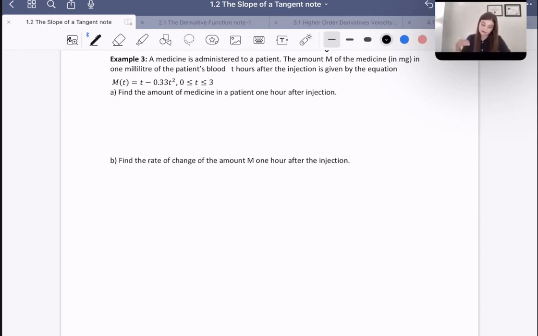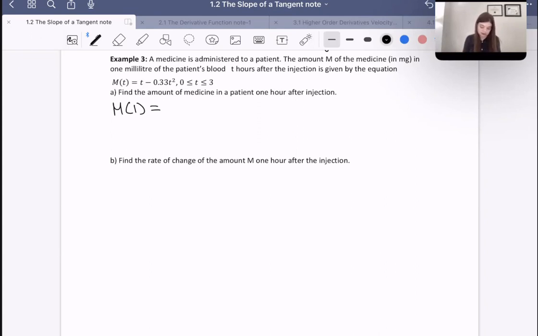So to find the amount of medicine in the patient 1 hour after injection is very simple. All we need to do is plug 1 in for t, right? And find M of 1, because again, t represents the number of hours after the injection is given, and we want to find out how much medicine, which is M of t, the amount of medicine after the 1 hour.